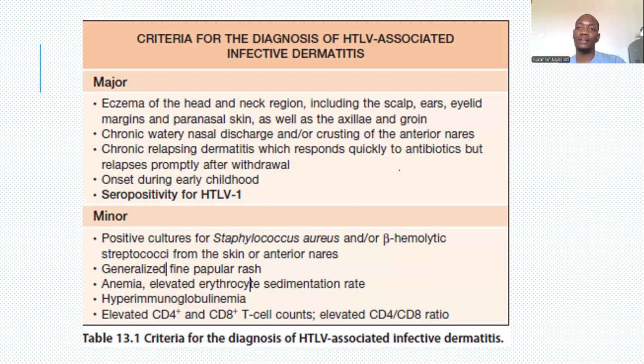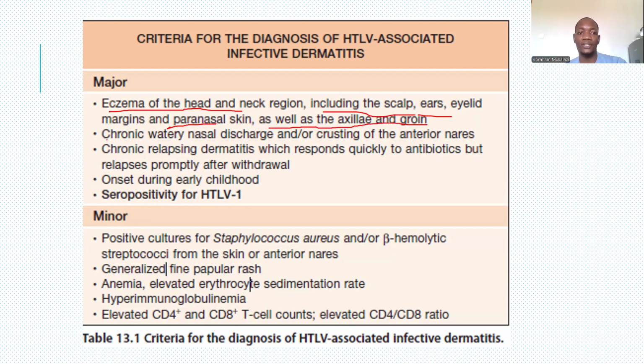So when you look at the diagnostic criteria, some people have proposed particular strict diagnostic criteria for you to make a conclusion that this is infective dermatitis associated with this virus. In this case, you should have eczema of the head and neck region, which includes the scalp, the ears, the eyelid margins, and the paranasal skin, as well as the axilla and the groin.